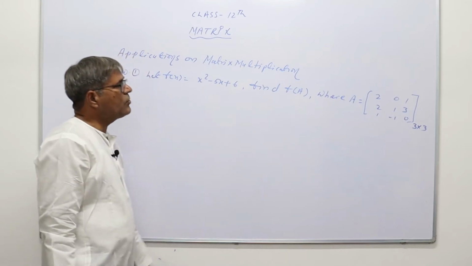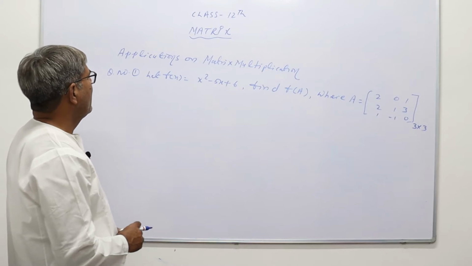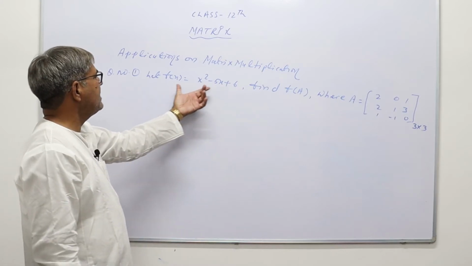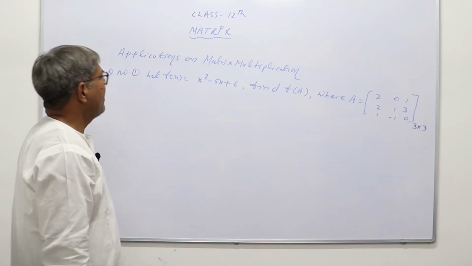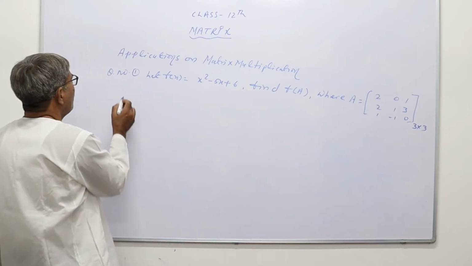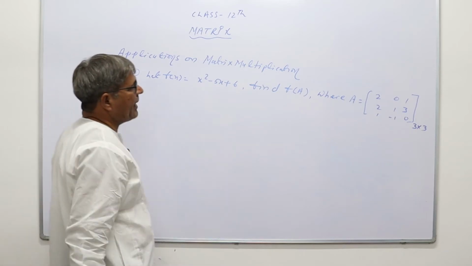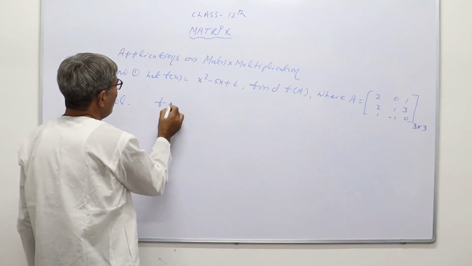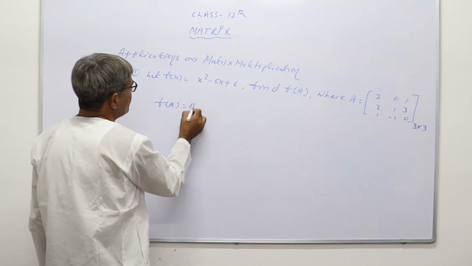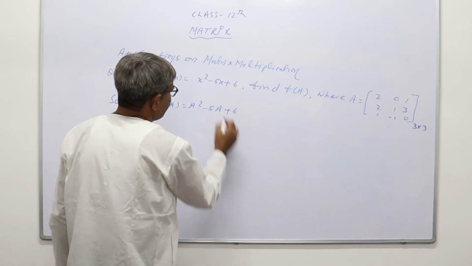So how will we solve this question? Here the polynomial is f(x) = x² − 5x + 6. To find this, we will put the given matrix in place of x. So f(A) will be equal to A² − 5A + 6.